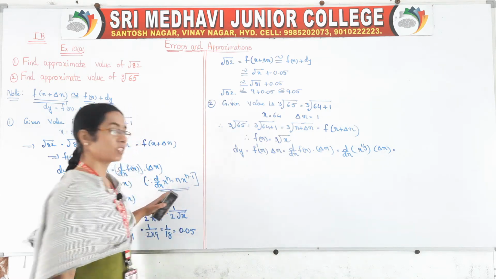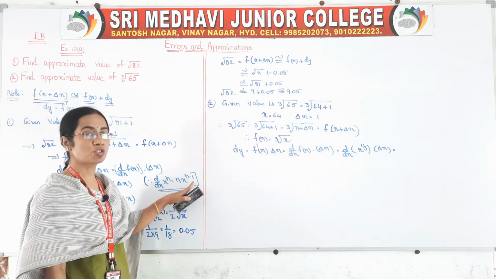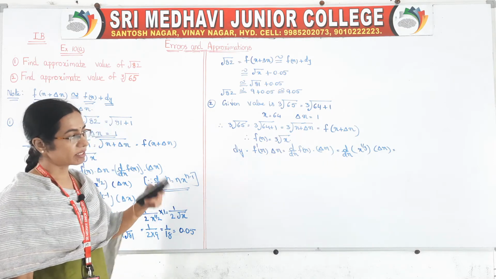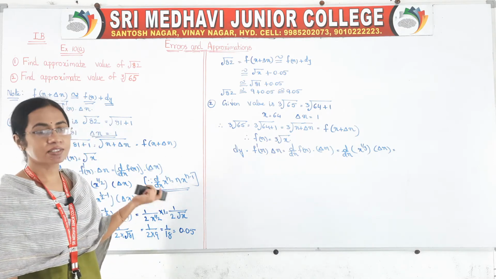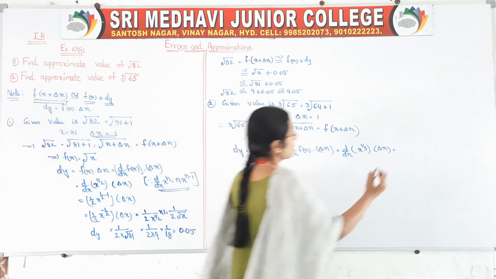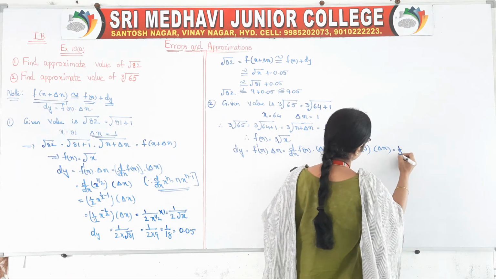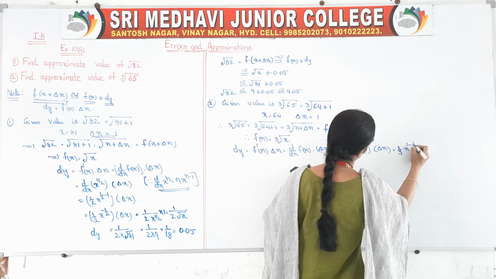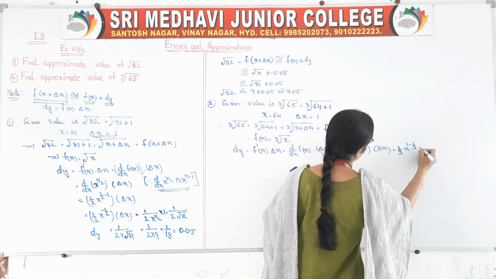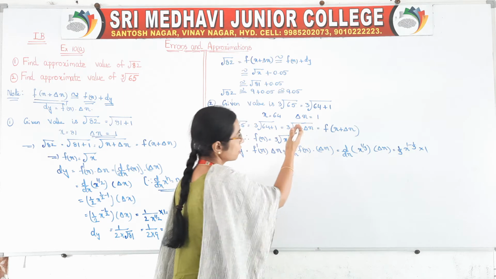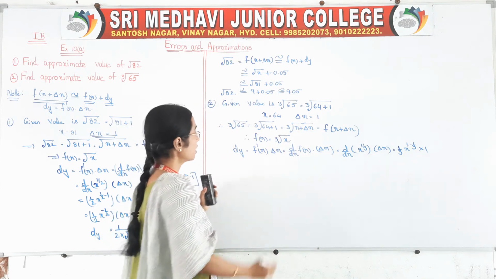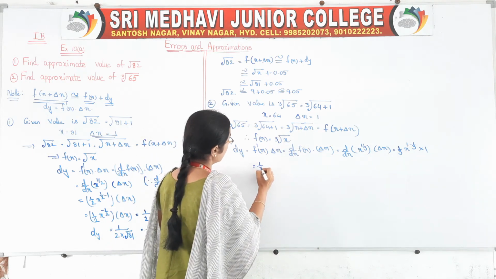Okay. You know the formula, again x power means which formula? D by dx of x to the power of n is equal to n into x to the power of n minus 1. X having a power means this is the standard formula. So you have 1 by 3 x to the power of 1 by 3 minus 1, and you know that delta x value is 1. So it is 1 by 3.